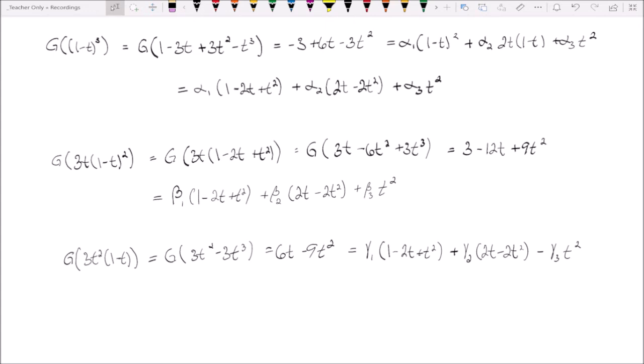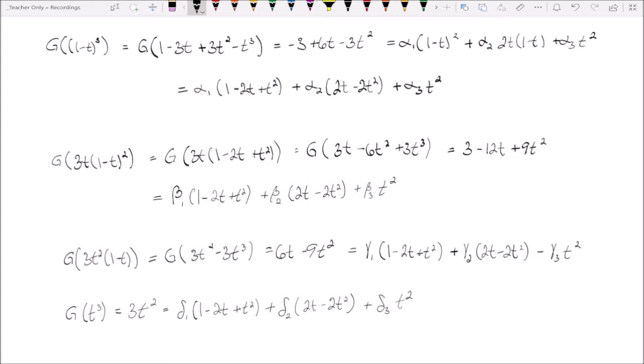And finally, we need g of t cubed. That's just 3t squared, and that is delta 1 times 1 minus 2t plus t squared plus delta 2 times 2t minus 2t squared plus delta 3 times t squared.